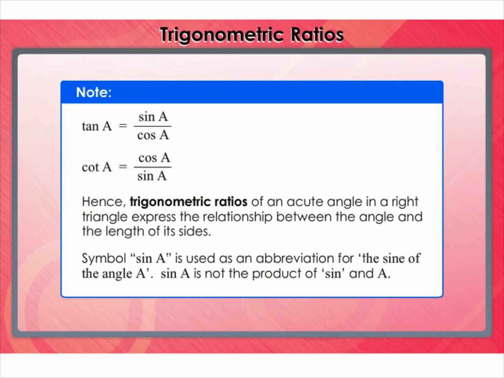Note: tan A is equal to sin A by cos A. Cot A is equal to cos A by sin A. Hence, trigonometric ratios of an acute angle in a right triangle express the relationship between the angle and the length of its sides. Symbol sin A is used as an abbreviation for the sine of the angle A. Sin A is not the product of sine and A.